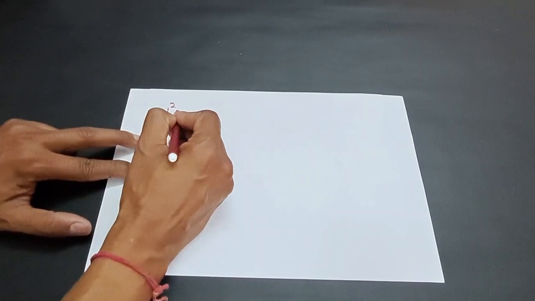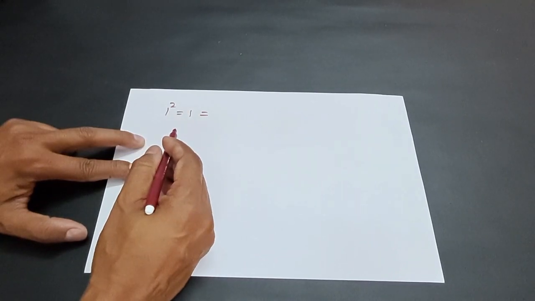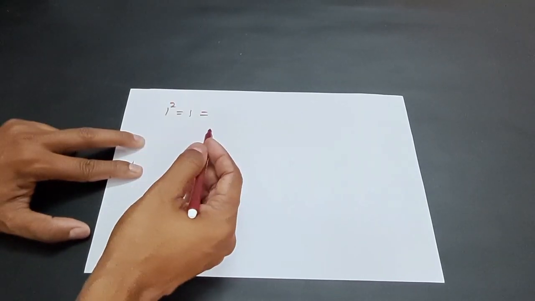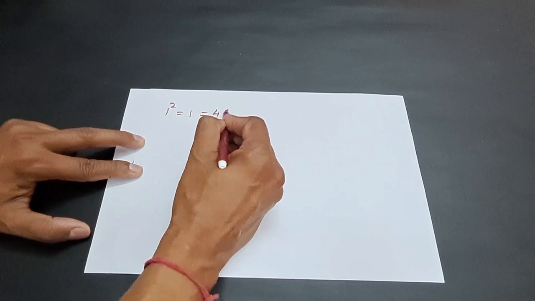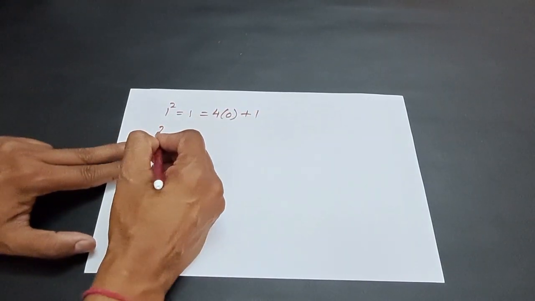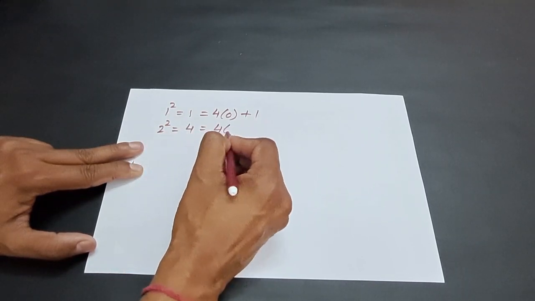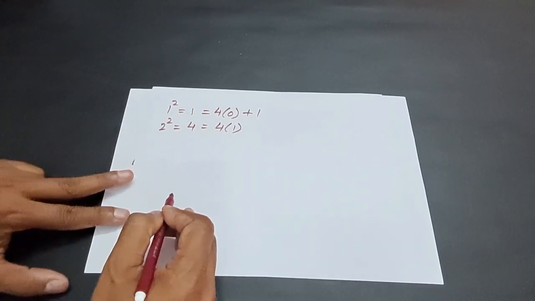In this pattern, we have 1 square equal to 1, and now we are trying to represent it in terms of multiples of 4. So 4 times 0 is 0, plus 1. But 2 square is 4, which is an exact multiple of 4, 4 times 1.